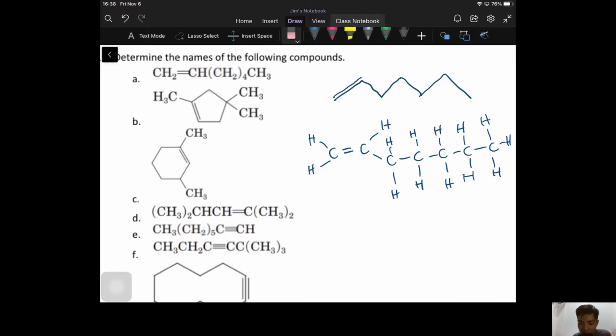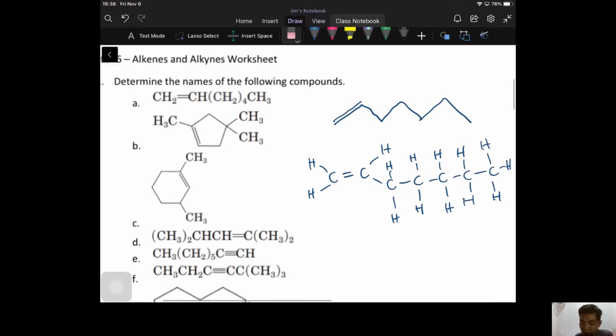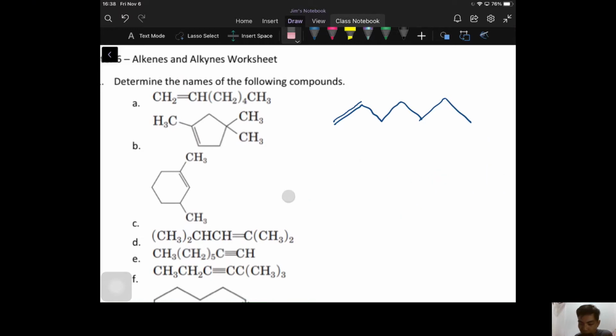Okay, so pangalanan natin yan. Burahin ko na tong Lewis structure. Pag nahihirapan kayo gumawa ng line angle formula, gawin ang Lewis structure niya. So this is our line angle formula. Let's place our locants. Lagyan natin ng number, left to right, right to left: 1, 2, 3, 4, 5, 6, 7.